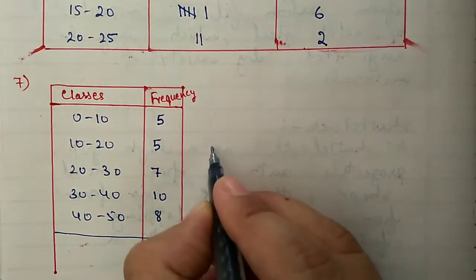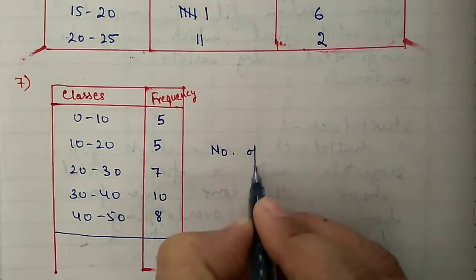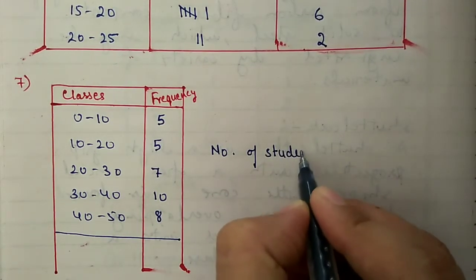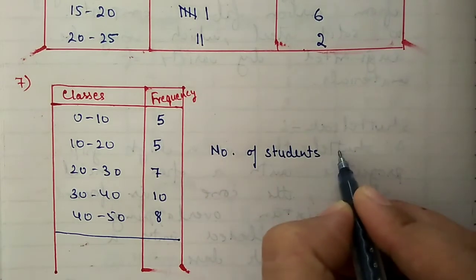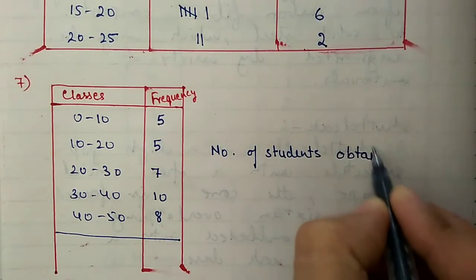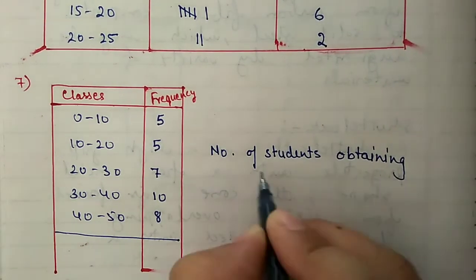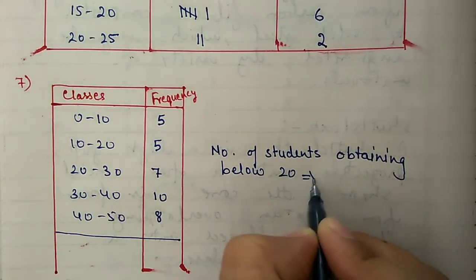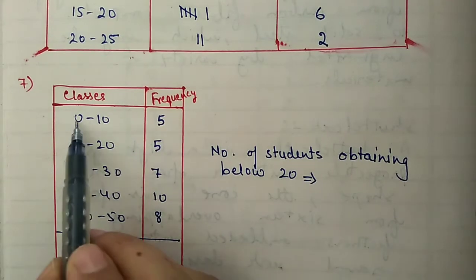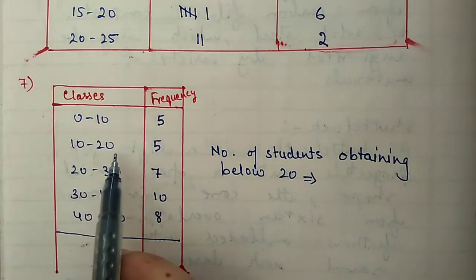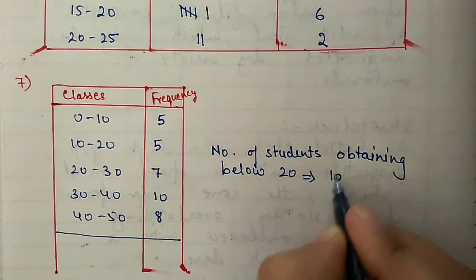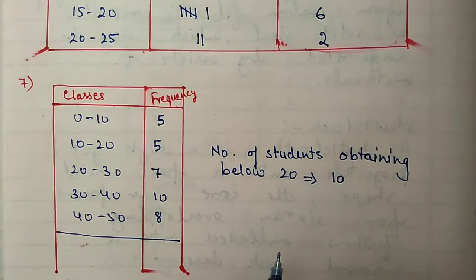Second thing, they ask the number of students obtaining below 20. So below 20, you can see here 0 to 10 has 5 students and 10 to 20 has 5 students. So a total of 10 students are getting below 20 marks.